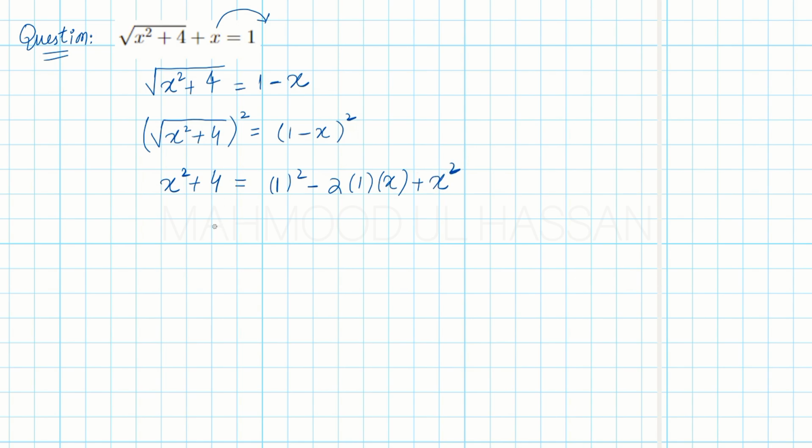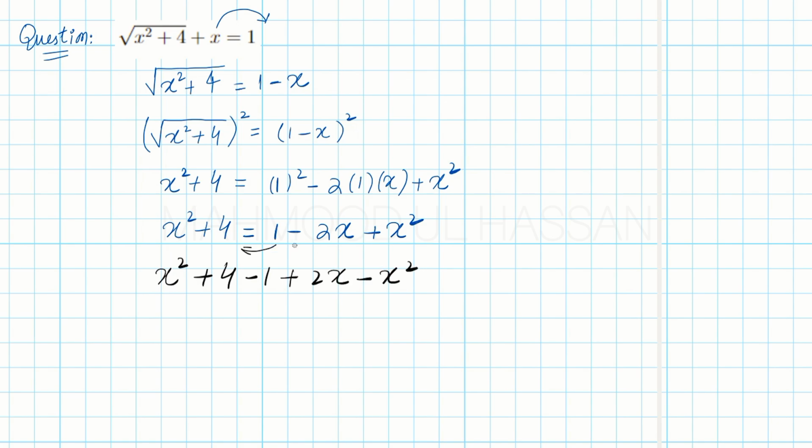Okay, so now simplify this equation, so that would become x squared plus 4 is equal to 1 minus 2 times x and then plus x squared. Now we are going to shift all the right side terms to the left side, so that would become x squared plus 4 then minus 1 plus 2x and then minus x squared.